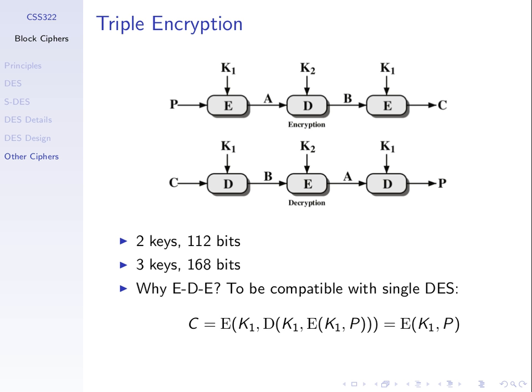And effectively, with triple DES, we're up to 2 to the power of 112.